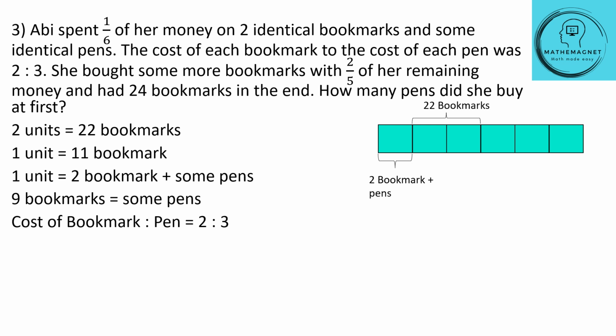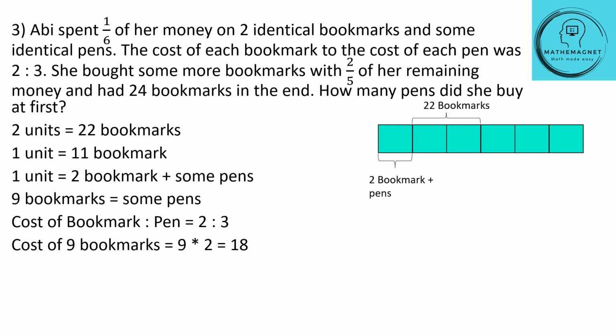Now we know the cost of bookmark to pen is 2:3. So the cost of one bookmark is 2 units and the cost of one pen is 3 units. And we know that she bought pens that are worth 9 bookmarks. So let us first find the cost of 9 bookmarks. It will be 9 into 2, which is 18. So she spent 18 units for 9 bookmarks, which means she spent the same amount for buying pens, correct?